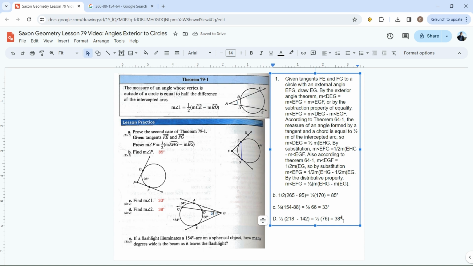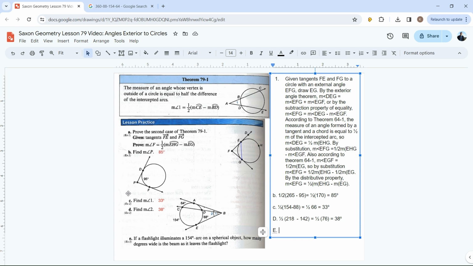And then letter E. Here we're going to be thinking, if a flashlight illuminates a 154-degree arc on a spherical object, how many degrees wide is the beam as it leaves the flashlight? So what we're going to do is imagine that we're shining our flashlight on this sphere here. Let's pretend that this is the flashlight.